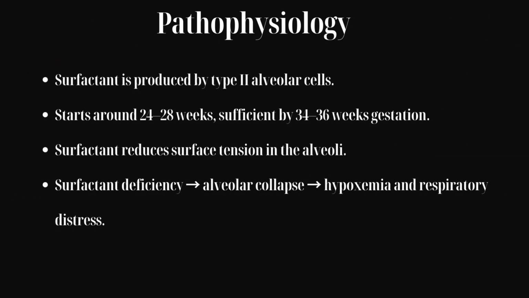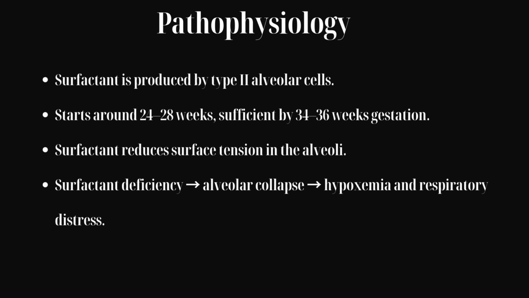To understand respiratory distress syndrome, we need to talk about the role of surfactant and lung development. Surfactant is produced by type 2 alveolar cells and starts being synthesized around 24 to 28 weeks of gestation.